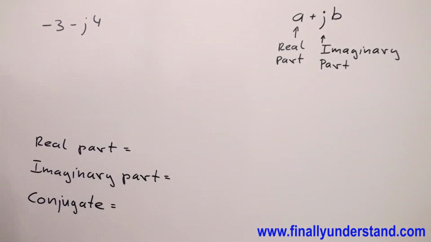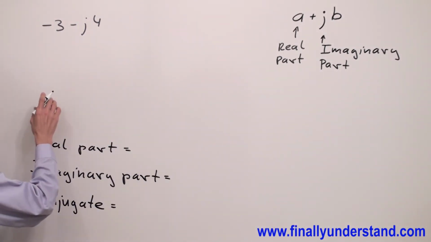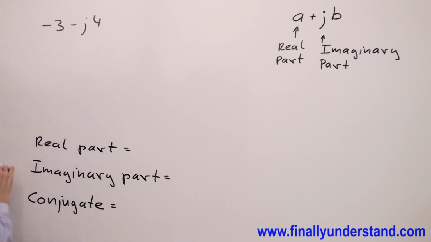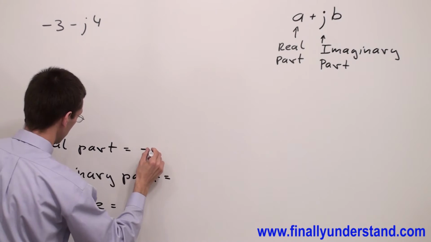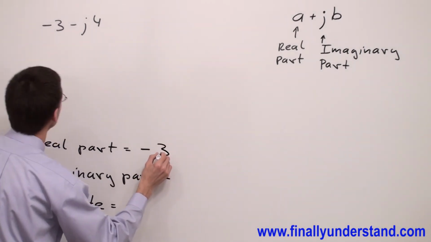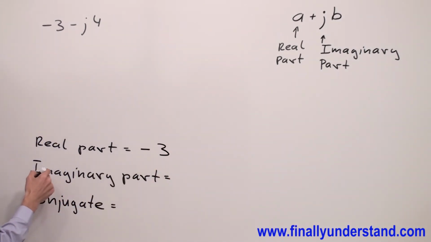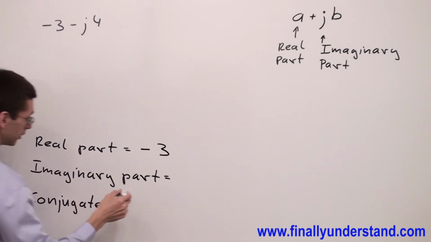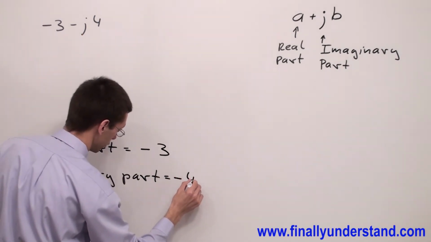So let's take a look at this example. My real part, my a, is -3. That's why I'm going to write that my real part is -3. My imaginary part is -4.